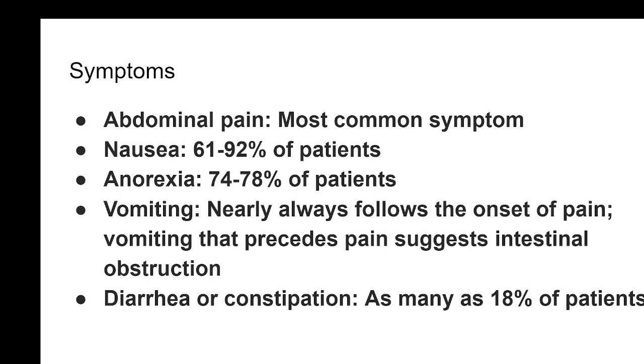Pain followed by vomiting is characteristic of an inflammatory pathology in the abdomen, whereas in the obstruction conditions the pain precedes the vomiting, or rather the vomiting comes before the pain.